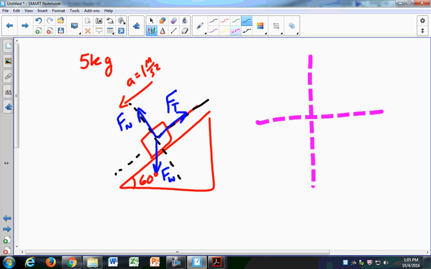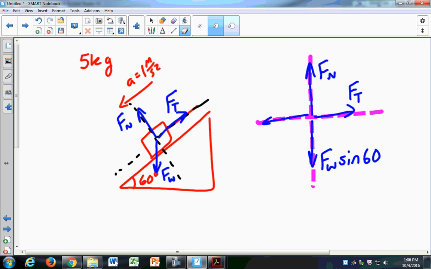Then I resolve my vectors. Fn, Ft, Fw, sine of 60. Sine is always our y component. Shoot, you're right. Thank you.